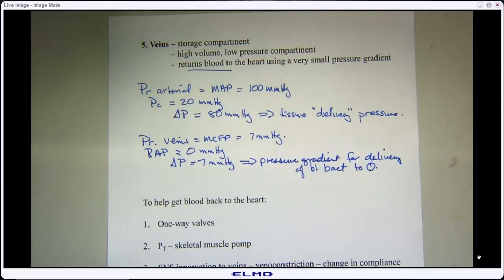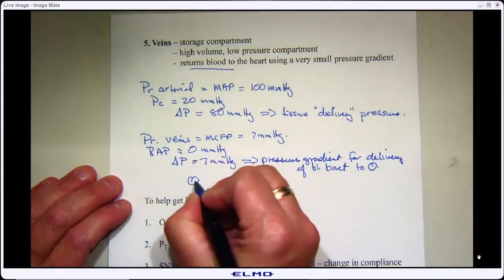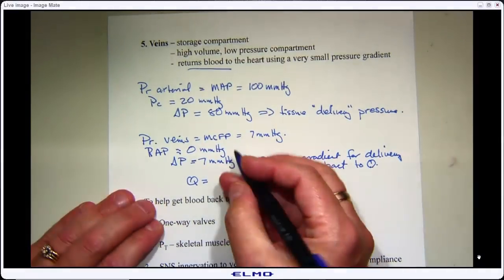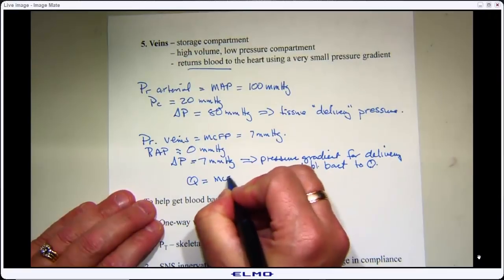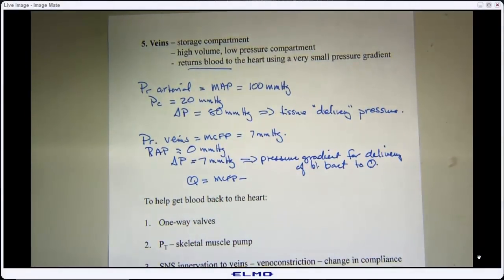We can just change it by 1 or 2 millimeters of mercury and we can start to get a significant volume return or change in venous return. So essentially, this helps us see how this compartment has to behave, or how this compartment has to be built if I need flow from the venous side back to the right atria.